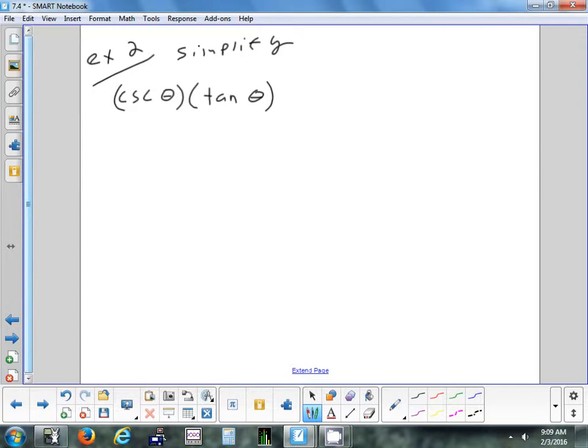Let's try this one. Cosecant times tangent. This is the kind of problem, again, where I would change everything to sines and cosines, and hopefully when you do that, something cancels out.